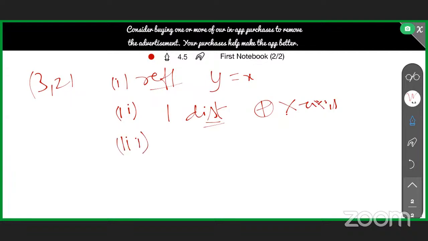Third one is rotation by an angle pi by 4 about the origin in the anti-clockwise direction. Then the final position of the point (3, 2) is dash.